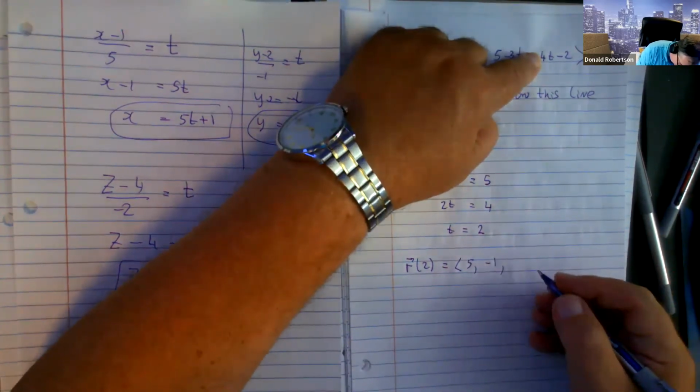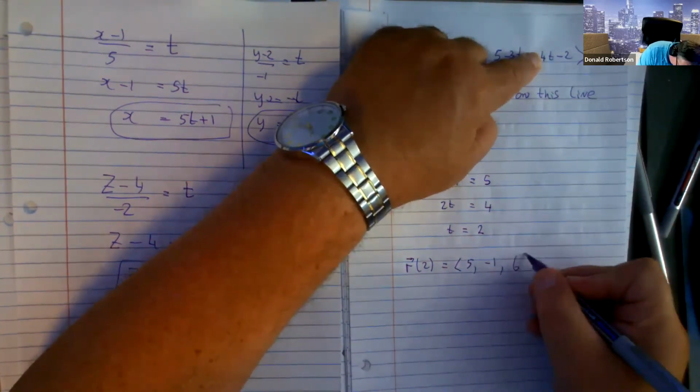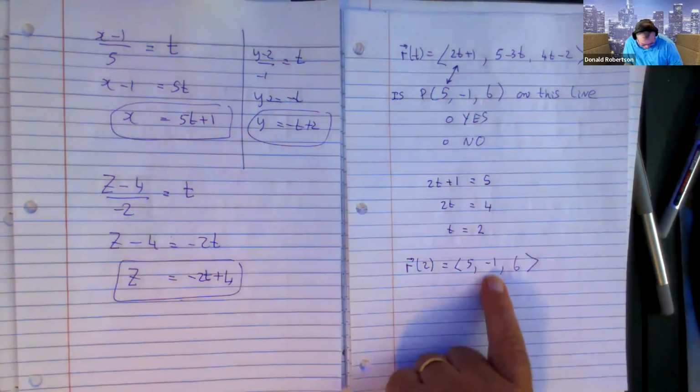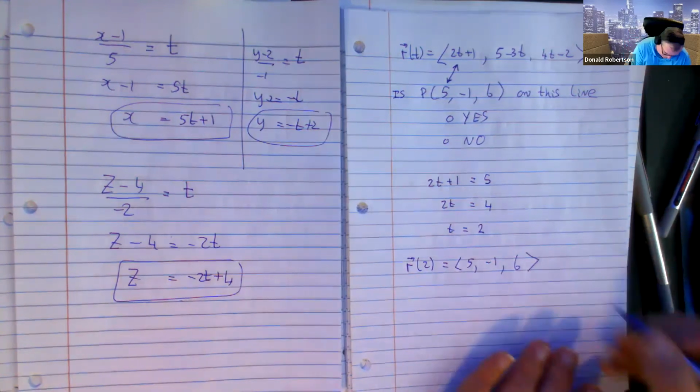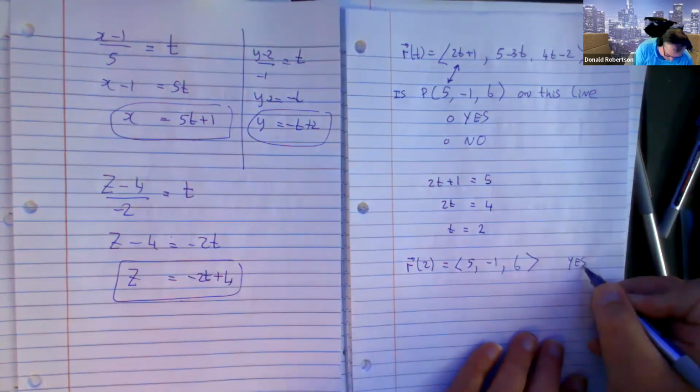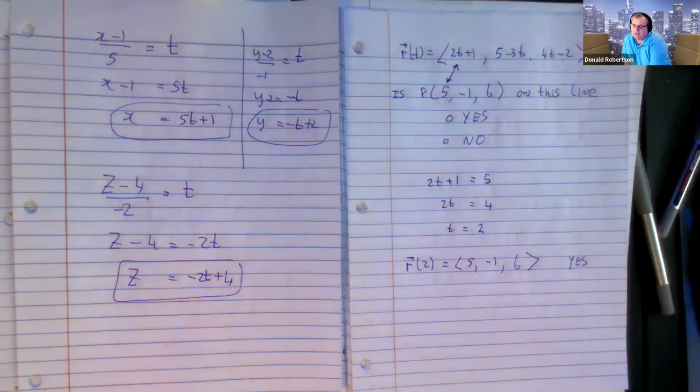And 4 lots of 2 is 8 take away 2 is 6. Is this guy him? And you see that they match. And so the answer is yes, this point is on that line.